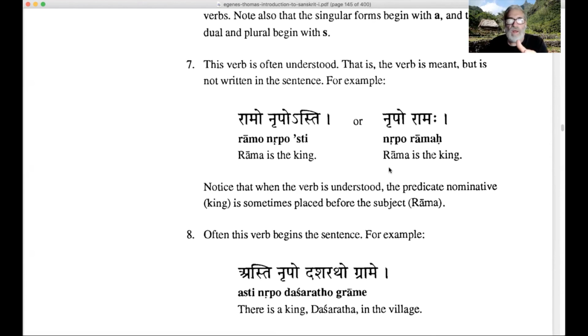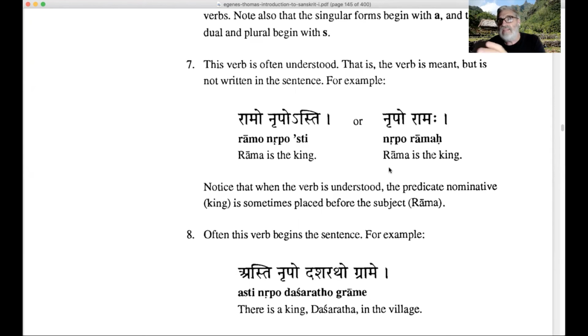So you understand why adjectives and nouns are basically the same thing, because here they're using one noun, in the same case and number as the other noun, to describe the other noun. What kind of Rama is he? It's the king Rama. It's not the boy Rama, it's not the sage Rama. It's the king Rama.